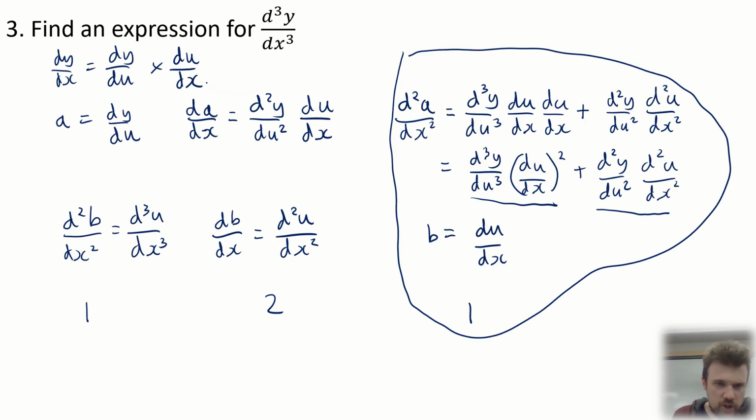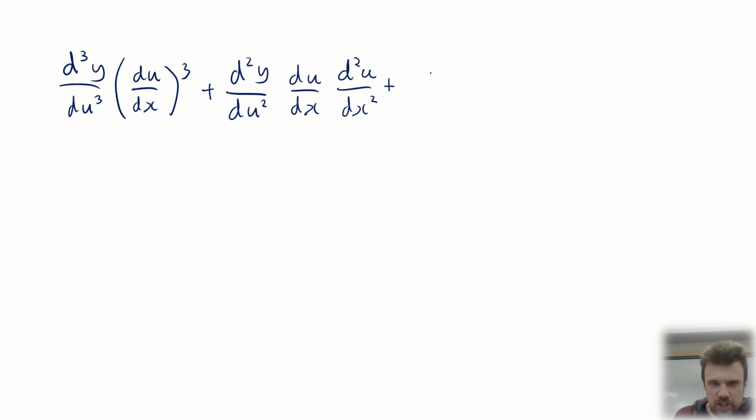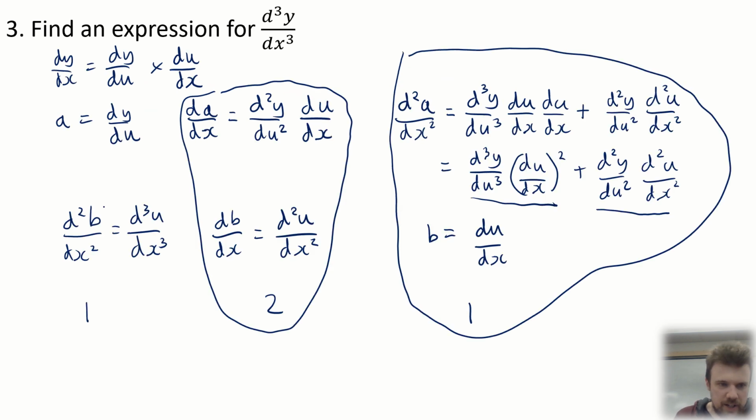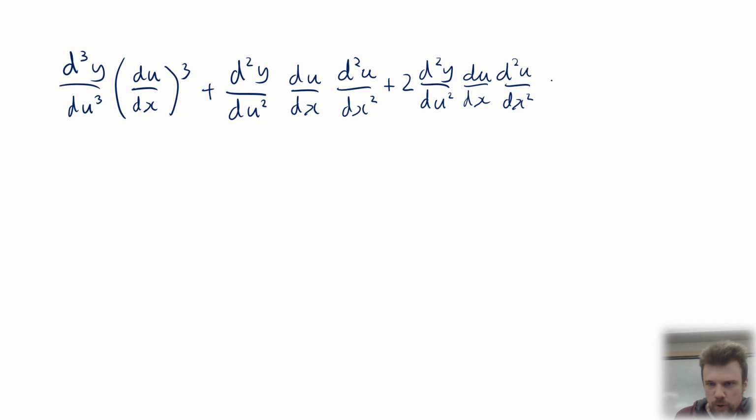We've also then got this all multiplied together, so we got 2 lots of that thing, which is interesting because you'll see that's why we end up with 3 lots of it overall, confirming what we got in the previous video. And then lastly, we're going to add on all this stuff multiplied together. So that gets us dy over du times the third derivative of u with respect to x.